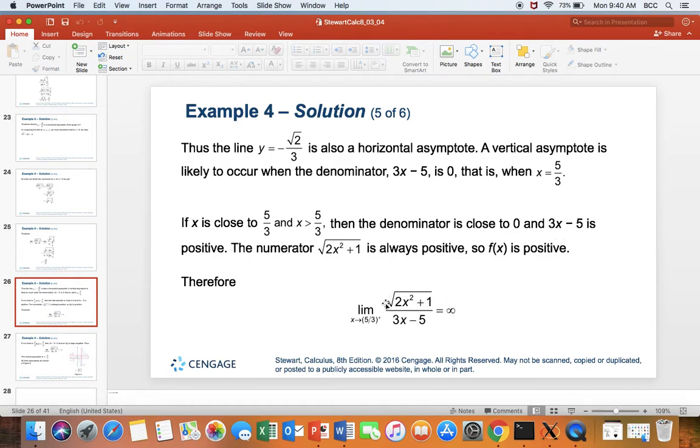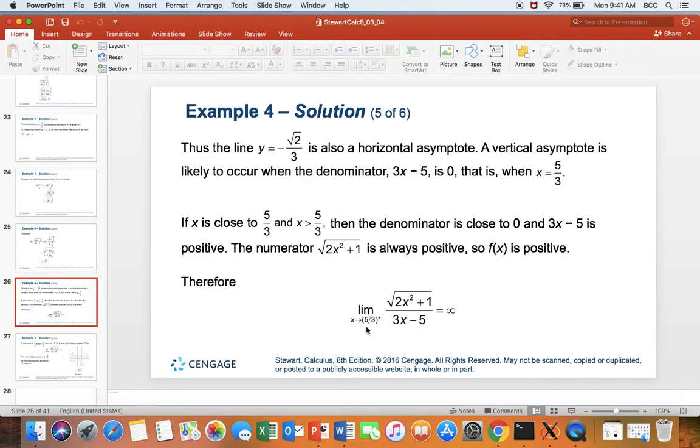The numerator is fine because of x squared. Whether x is positive or negative, this quantity is positive plus 1, and the square root is just some number. But the denominator hitting 0 gives you a positive infinity because we are going to positive here. This is an important thing to note.